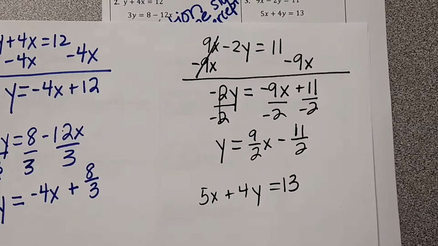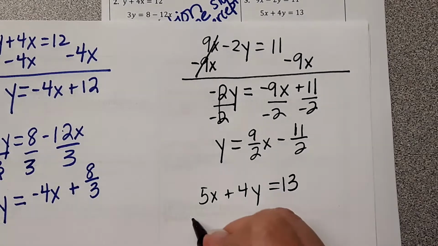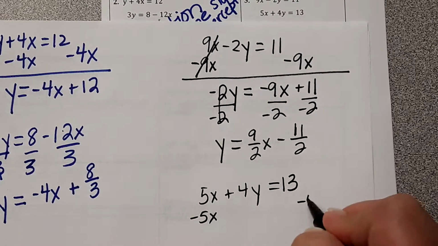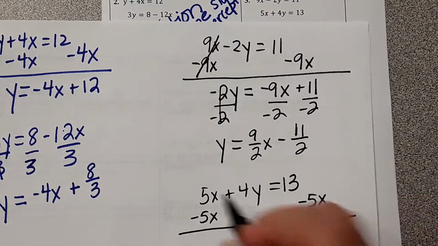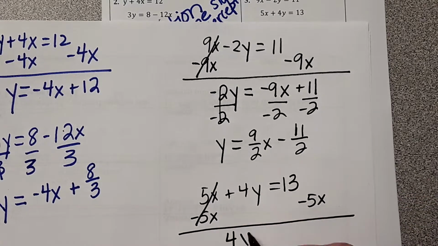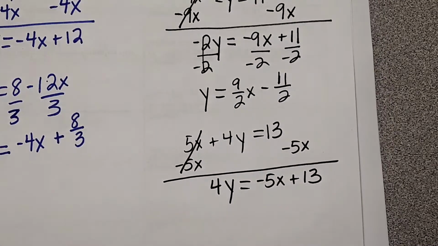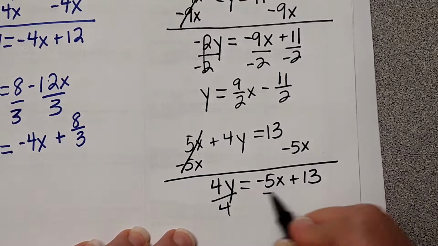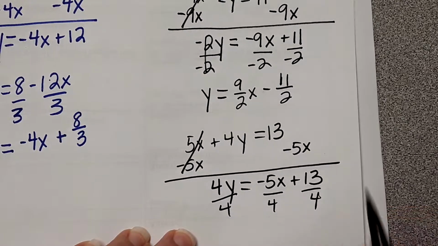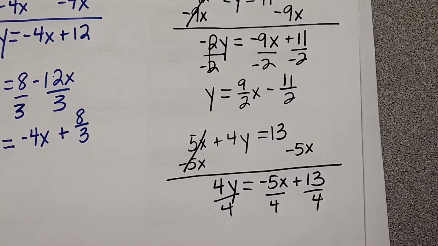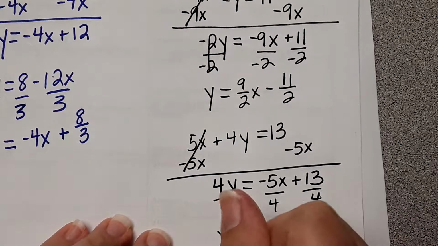How do I do it? Subtract the 5x. Now what do I do? And remember, you guys, when you say divide by 4, you need to divide everything by 4.